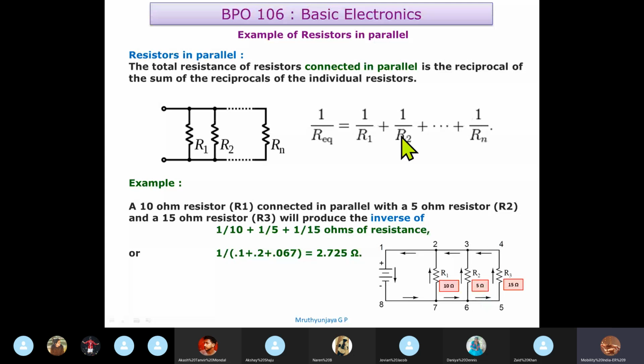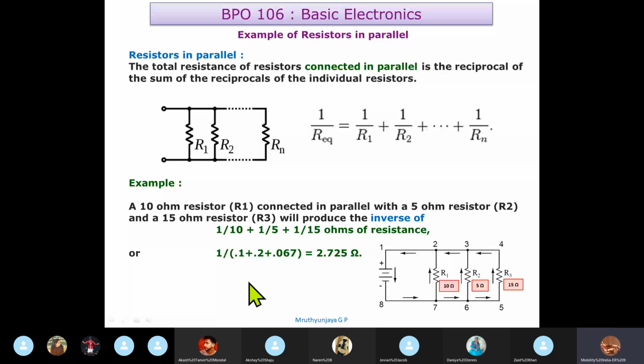The reciprocals: 1 by 10 is 0.1, 1 by 5 is 0.2 and 1 by 15 is 0.067. Added together, that is 0.367. 1 by 0.367 will work out to 2.725 ohms.